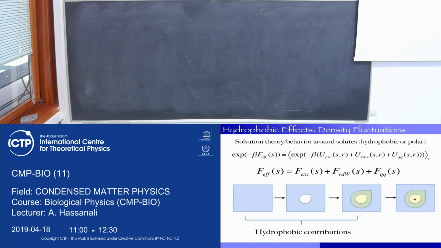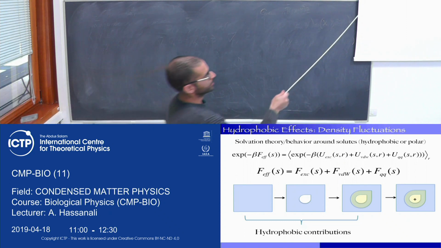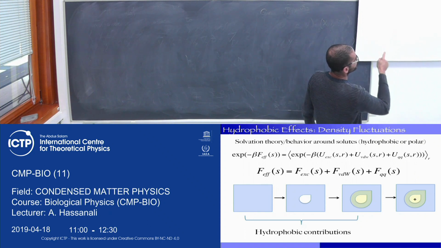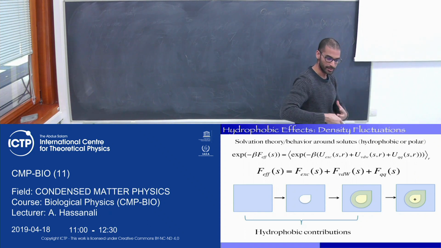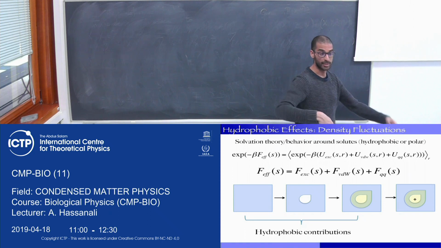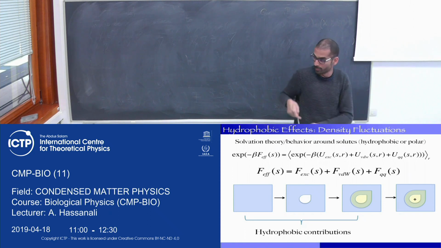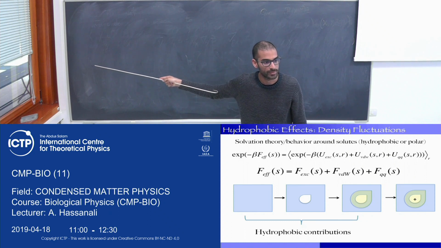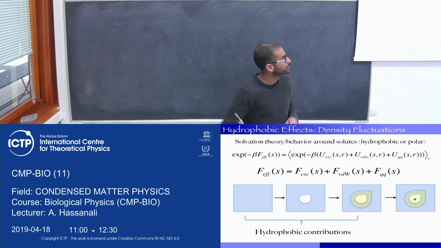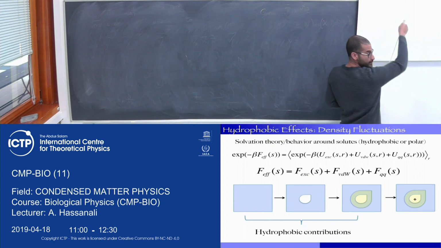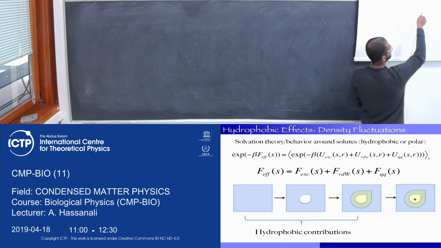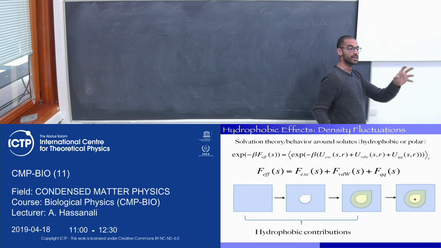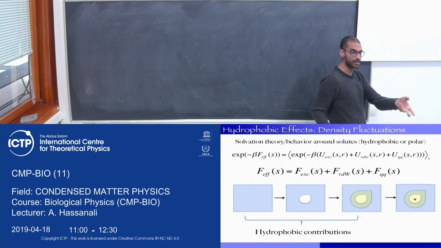Okay? So the total free energy is a sum of the free energy associated with creating some excluded volume. That's what we discussed the other day. So remember we said there was that P_N equals 0 term, the probability of having 0 particles, that's this part. And then when I put a solute inside, there's a free energy associated with turning on van der Waals interactions.